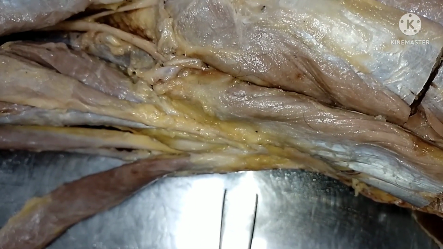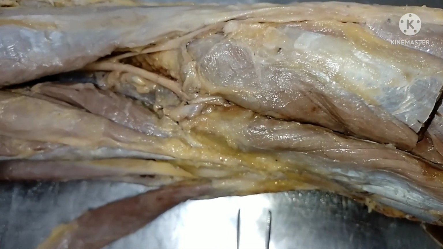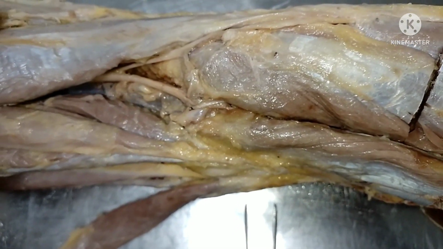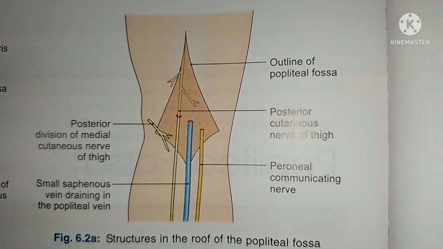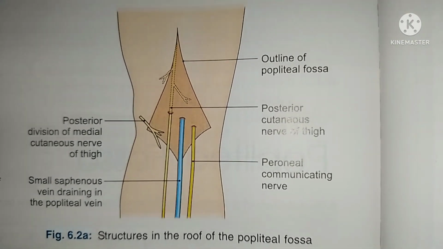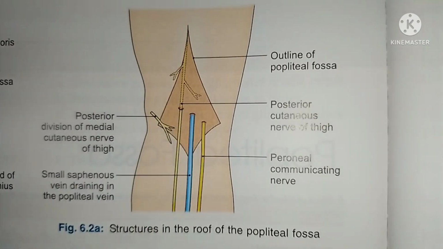Now come to the roof of the popliteal fossa. Now see, this is the roof of the popliteal fossa.